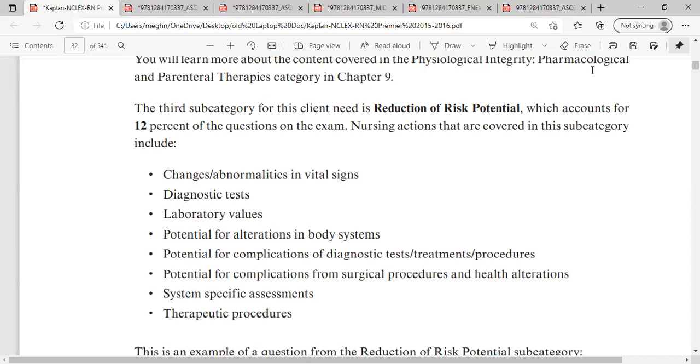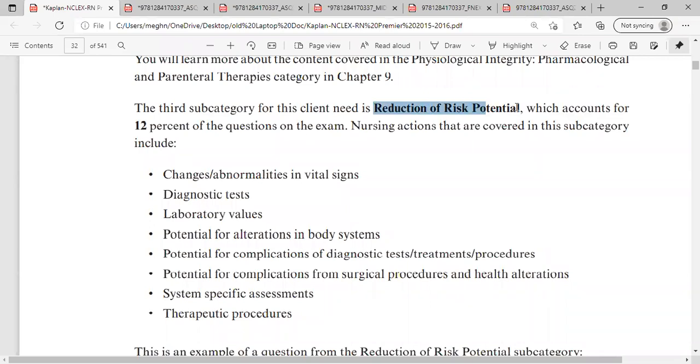Another subcategory we will get questions from is reduction of risk potential, which accounts for 12% of questions in the NCLEX board.